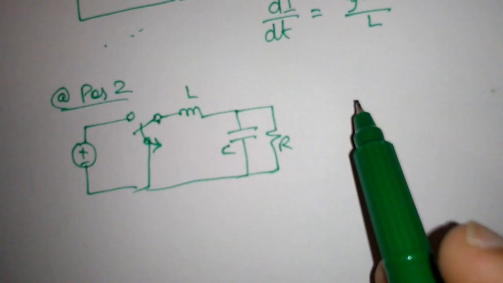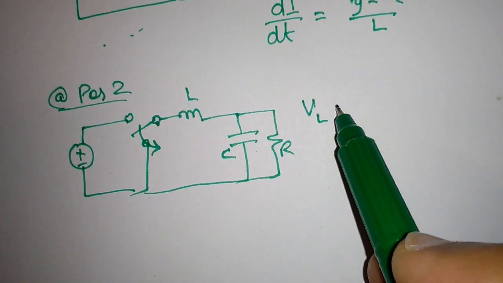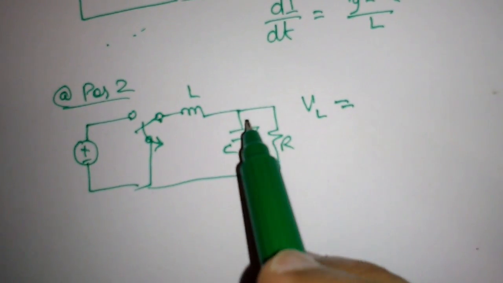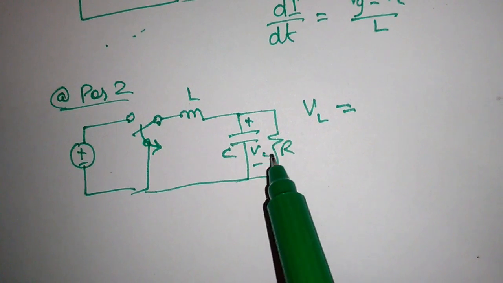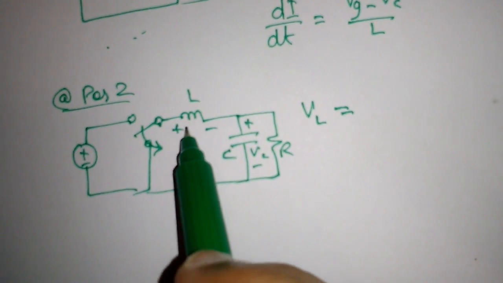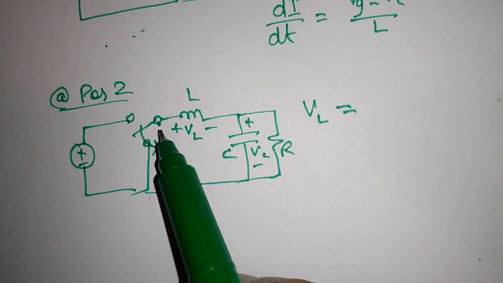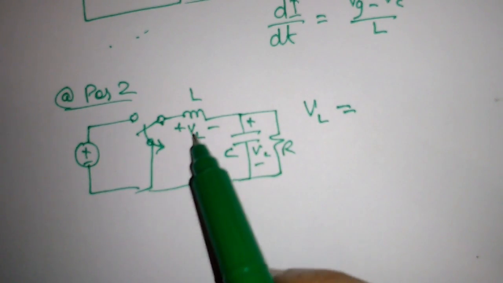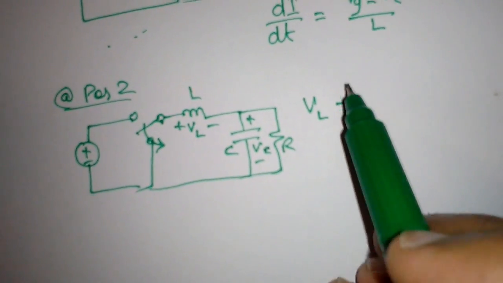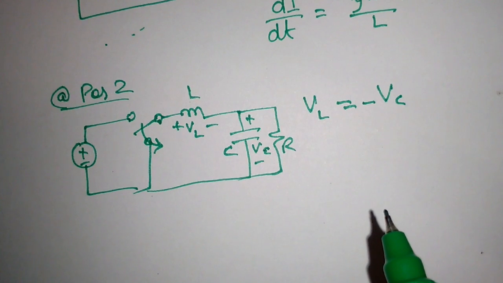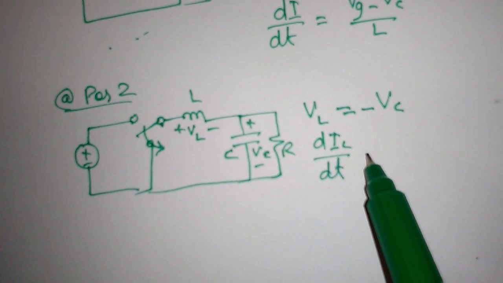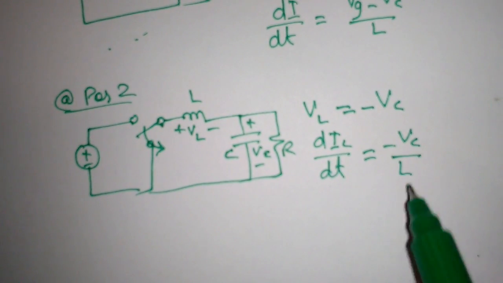So the voltage at inductor will be equal to the negative of Vc, because initially this was positive and negative, and this inductor was in this way. So when this point is connected at this point, VL becomes equal to minus Vc, right? Or we can say that dIL by dt is equal to minus Vc over L.